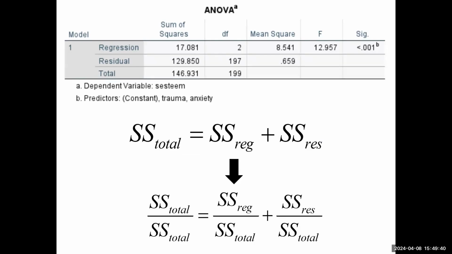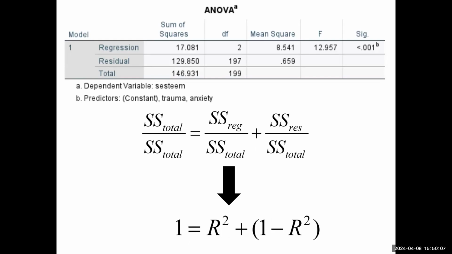On the next slide, I'm going to take each term in that equation, and I'm going to divide it by sums of squares total. So on the left-hand side of the equal sign, I'm going to divide sums of squares total by itself. And the first term on the right-hand side of the equal sign, I'm going to divide sums of squares regression by sums of squares total. And then the second term, to the right of the plus sign, I'm going to divide sums of squares residual by sums of squares total.